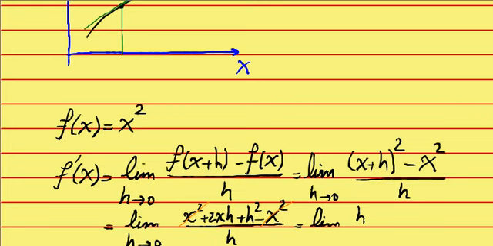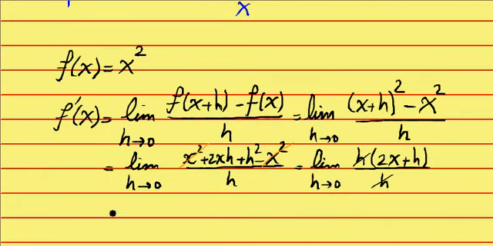From the remaining, I can factor an h. I'll be left with 2x plus h divided by h as h goes to 0. The h is cancelled, and you get the limit of 2x plus h as h goes to 0, which is just 2x.